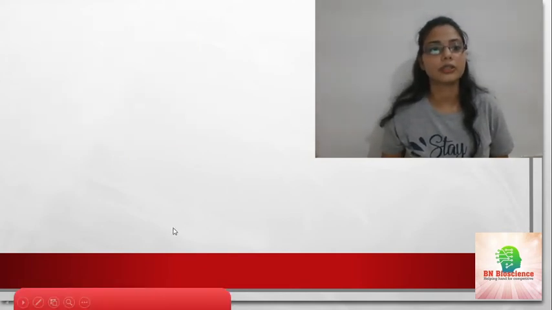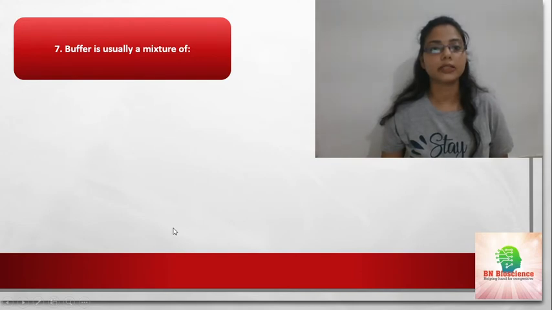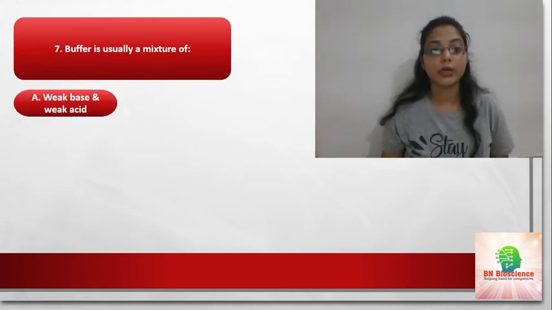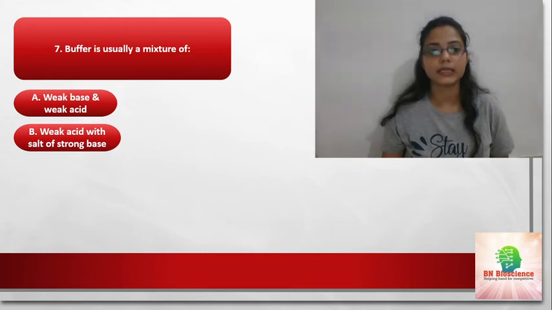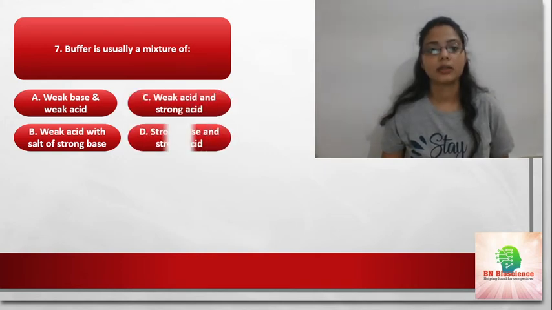So next question is number 7. Buffer is usually a mixture of, the options are A, weak base and weak acid, B, weak acid with salt of strong base, C, weak acid and strong acid, D, strong base and strong acid.